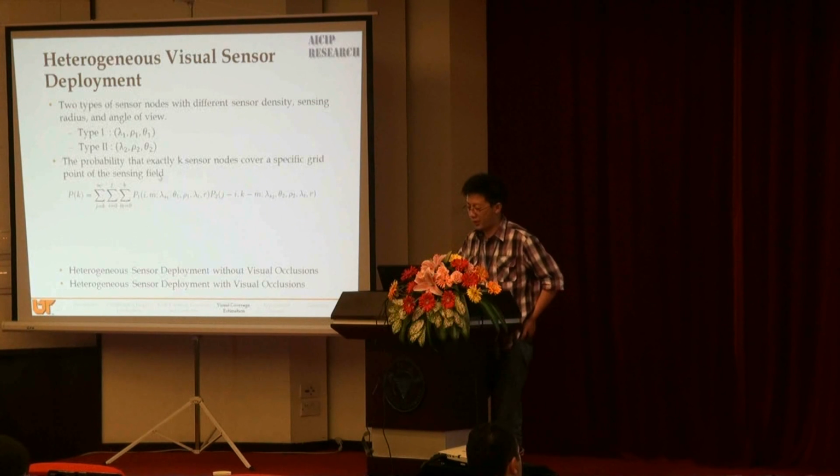So the probability that K sensor nodes cover a specific grid point of the sensing field can be denoted as this equation.